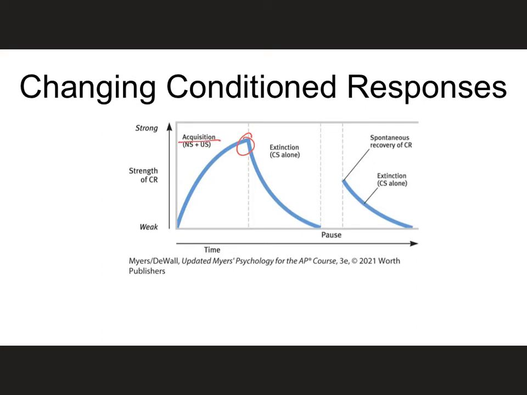So once you've given that, if you all of a sudden stopped, if you all of a sudden, let's say, gave the conditioned stimulus, in this case, the bell, with no unconditioned stimulus, eventually you're going to have what we call extinction.